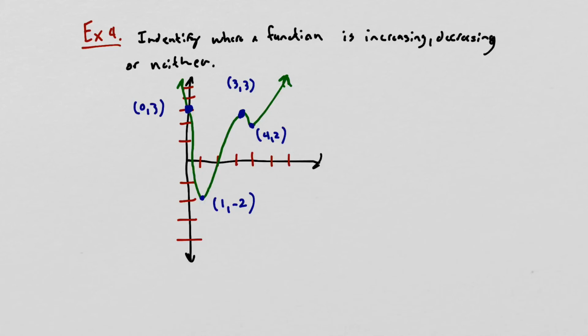So the points that are local max and local min are given by the points (3, 3), (4, 2), and (1, -2). And the reason why we can tell these are local max and local mins is, number one, by the values of the function there, and number two, these are the points where the behavior of the function is changing from increasing to decreasing and decreasing to increasing.